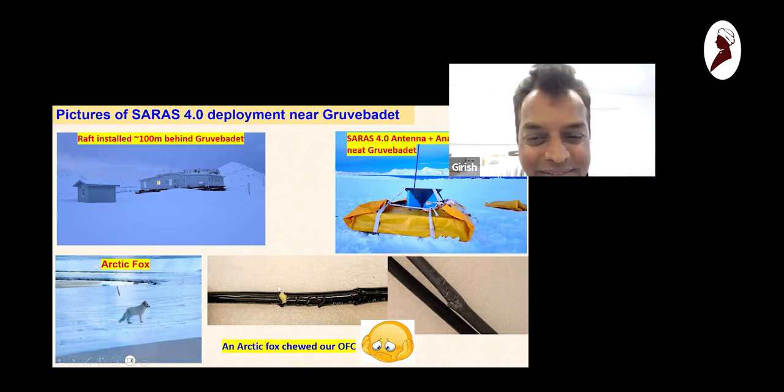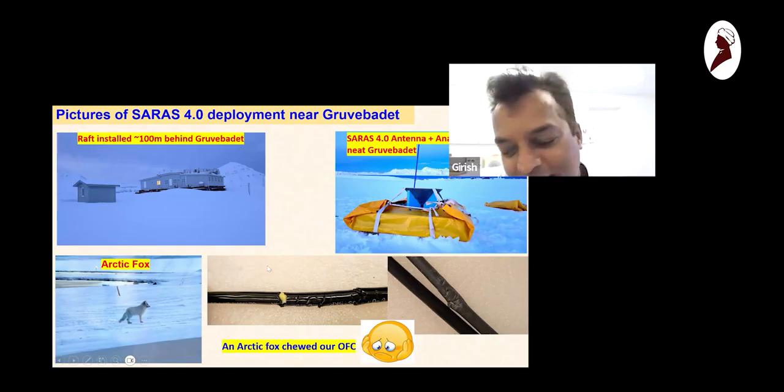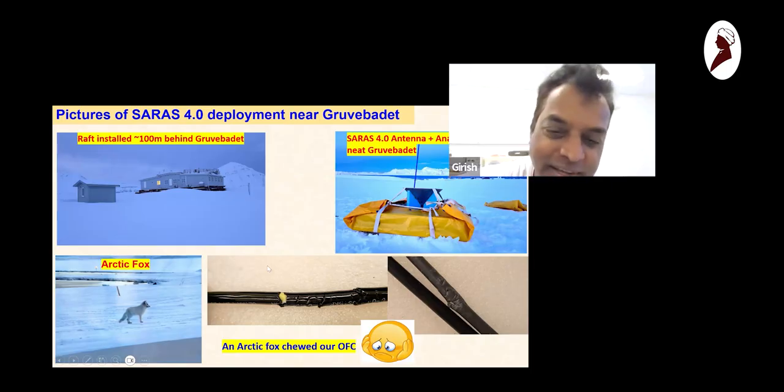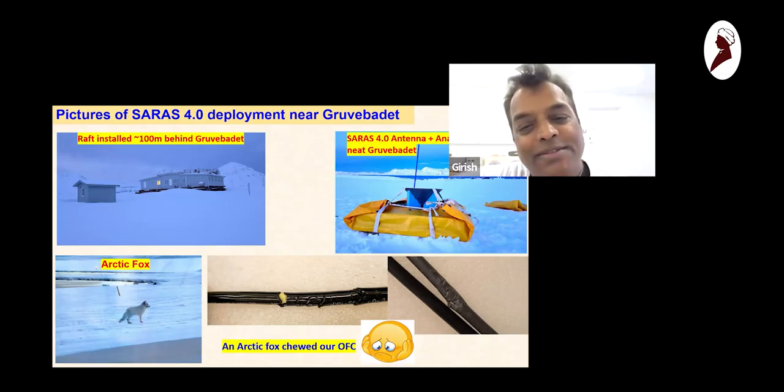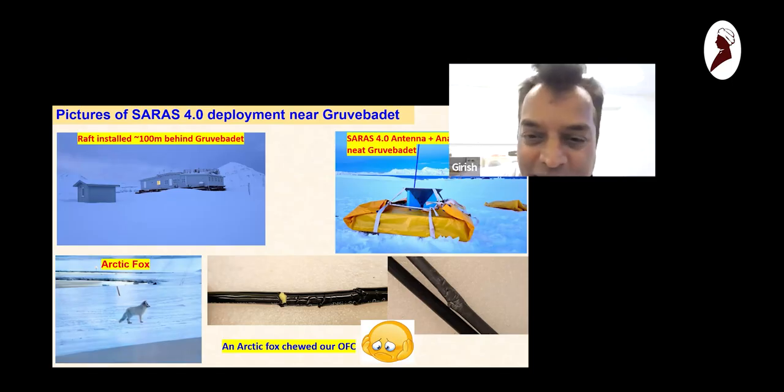He found this interesting and chewed it, rendering some parts of the cable unusable. We finally managed to get the rest of the cable working, did a small reconfiguration of the analog receiver, and finally got going about 4 or 5 days back.